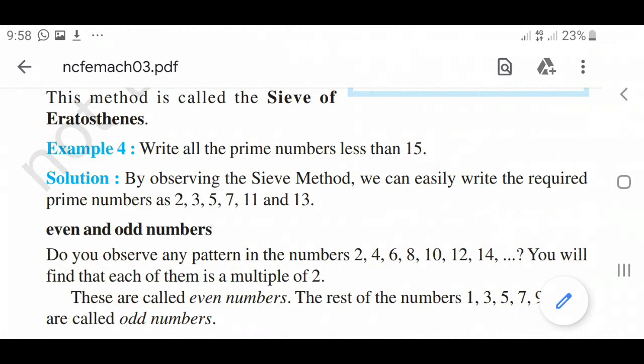Once more I'll repeat. S-I-E-V-E, sieve. Of, Eratosthenes, sieve of Eratosthenes. Okay.